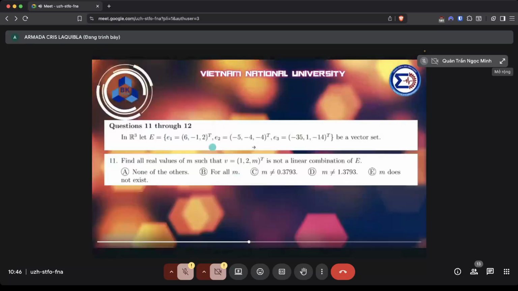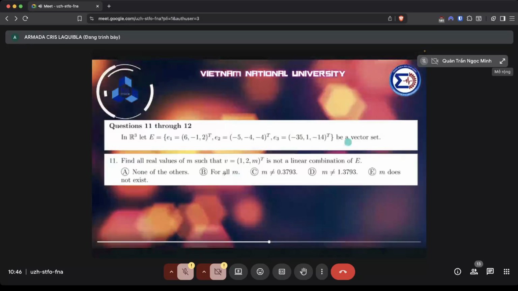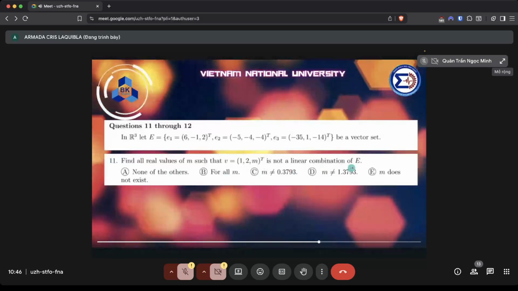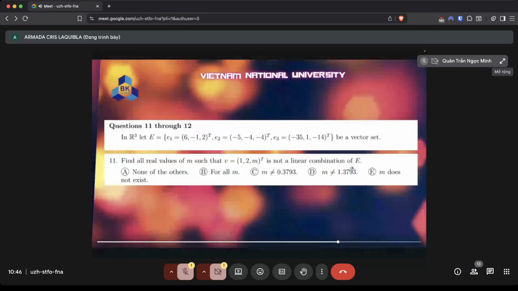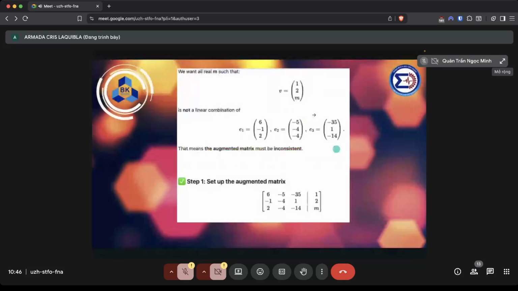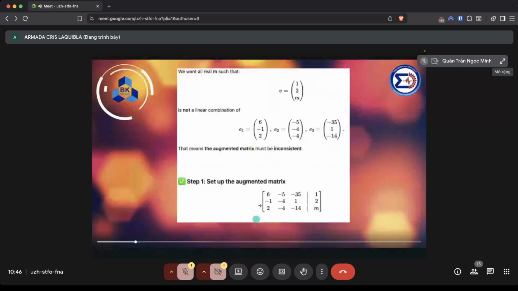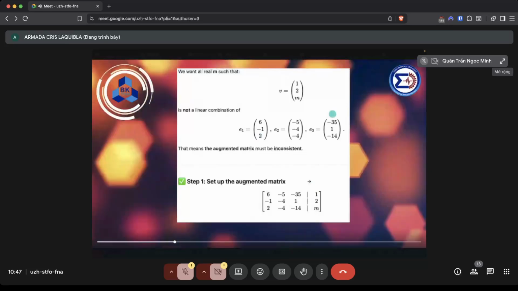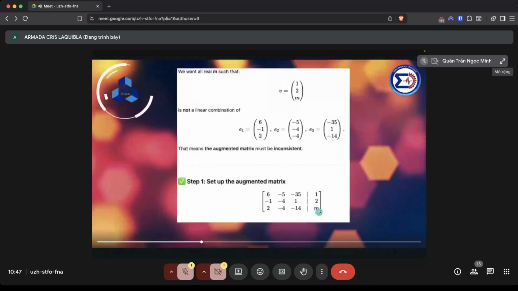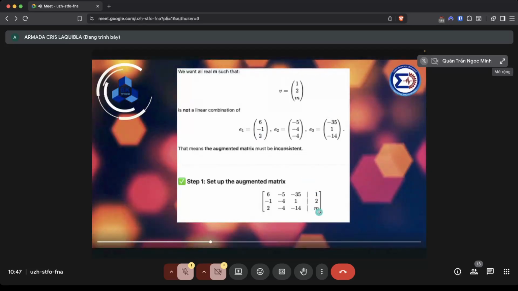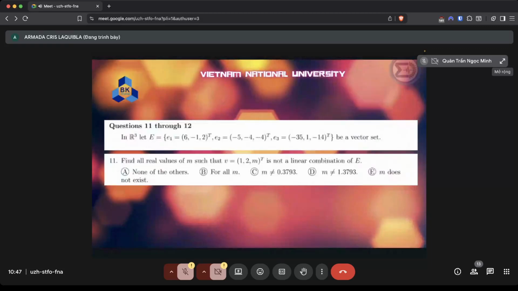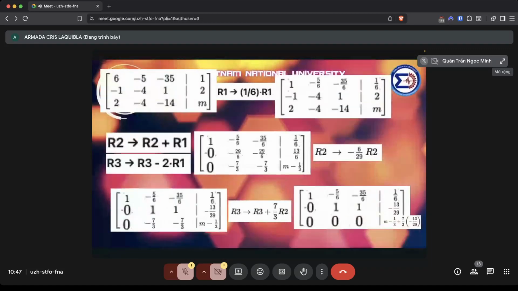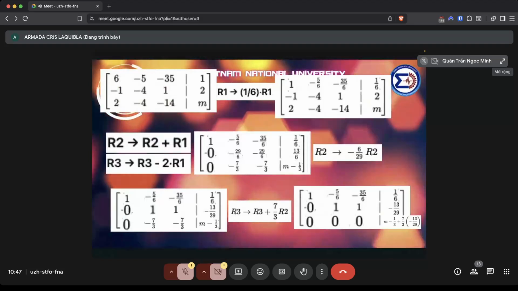You have the E1, E2, E3, be the vector set, and find all the values of M such that the V is not a linear combination of E. Okay, so we have these three vectors. You arrange them in columns, and then your V is 1, 2, M, and it says there it is not a linear combination.